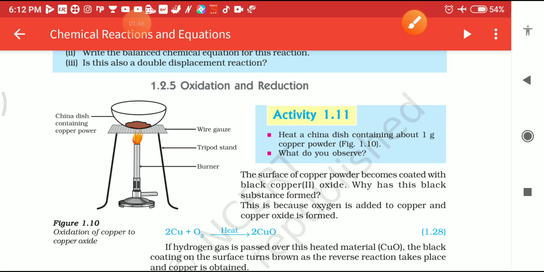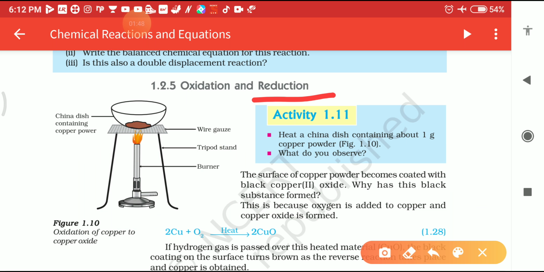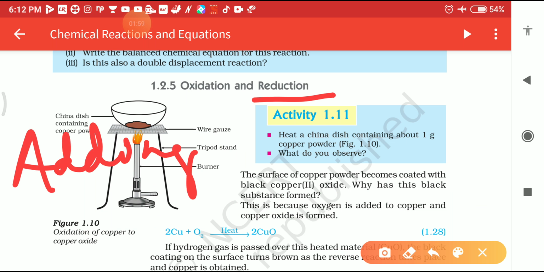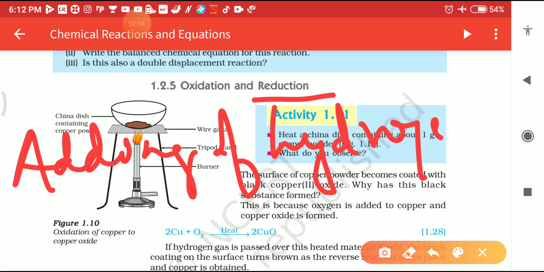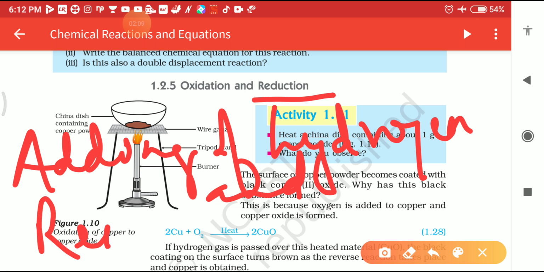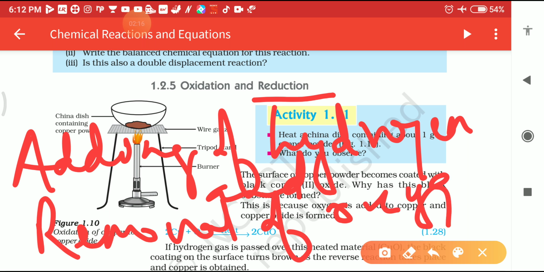Another is reduction. Reduction is just the opposite of oxidation. Now students, addition of hydrogen and removal of oxygen is called reduction.